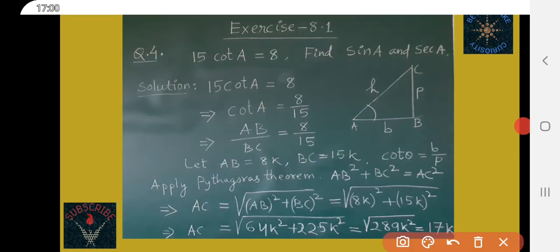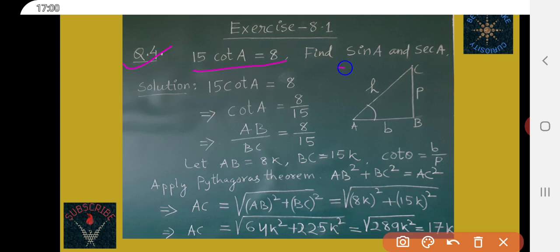Now come to exercise 8.1, question number 4. 15 cot A is equal to 8, given.